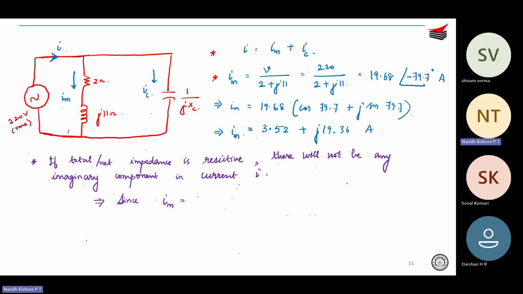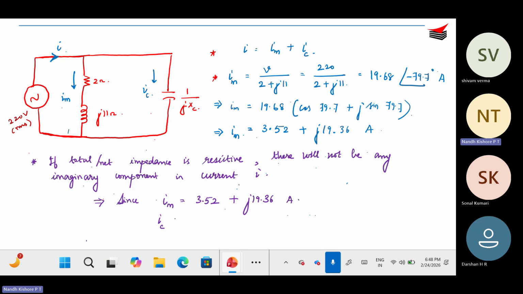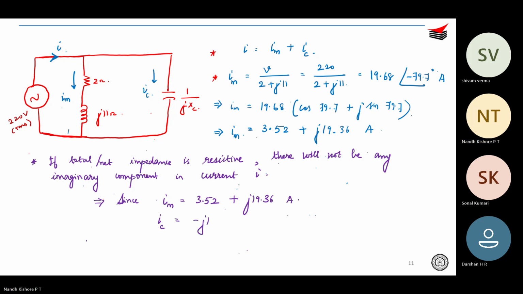Since IM is 3.52 plus j19.36 amperes, IC is equal to minus j19.36, so that your total current I would be IM plus IC, that is 3.52 plus j19.36 minus j19.36, which gives you 3.52 amperes. So this is purely resistive.